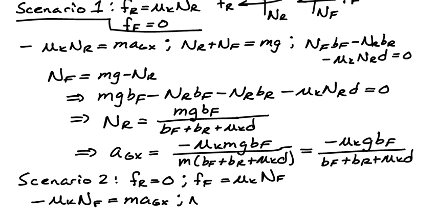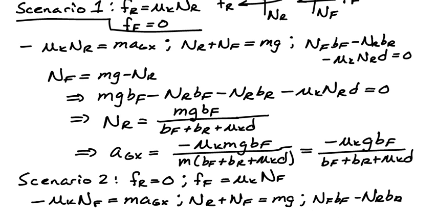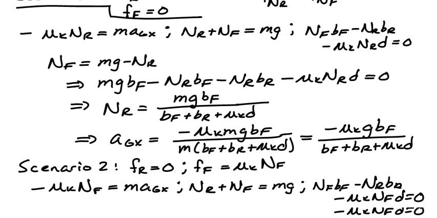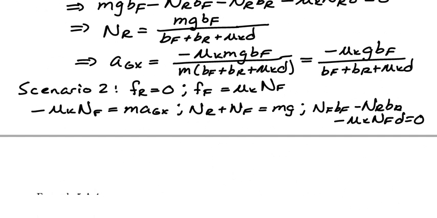I'm going to have, again, N_R plus N_F is equal to mg. And I'll have now N_F times b_f minus N_R times b_r minus mu_k times N_F times d is equal to 0. I'm going to substitute these equations or simplify these equations much like I did before.